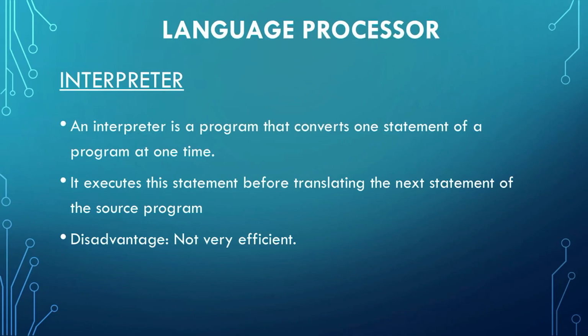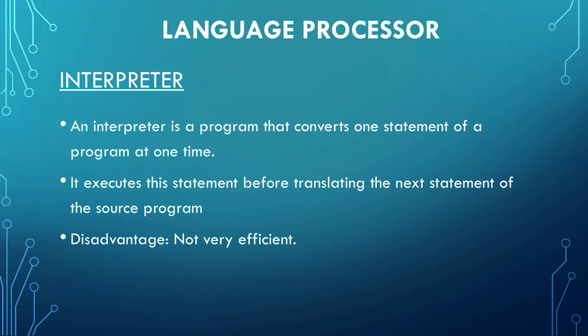Then the third instruction, then the fourth instruction, then the fifth instruction. There is a little bit of difference. What was the compiler doing? It was first translating the whole file and then executing the whole file. Here, the interpreter is not maintaining an object file. It is just translating each instruction one by one and executing it.